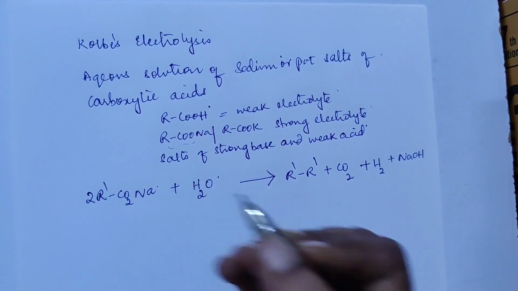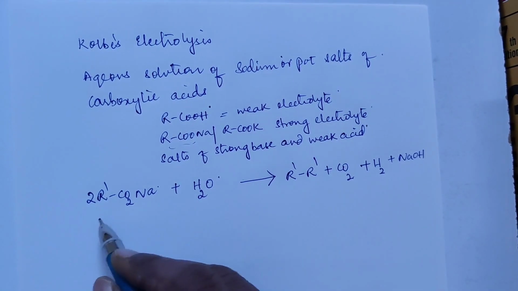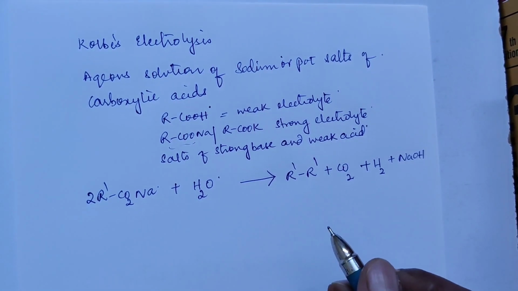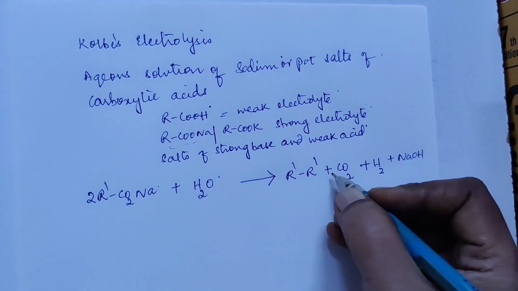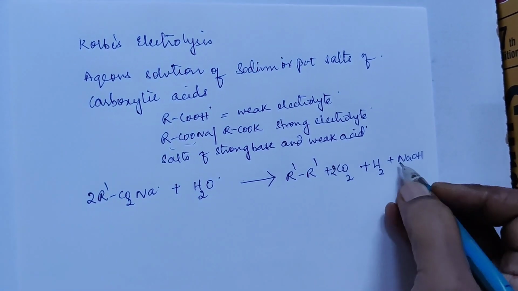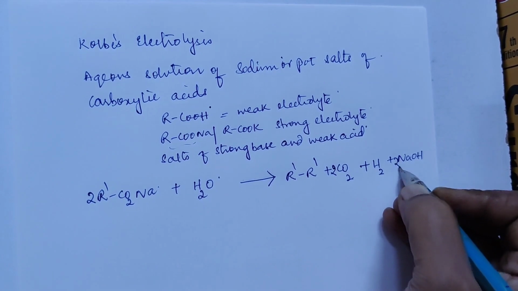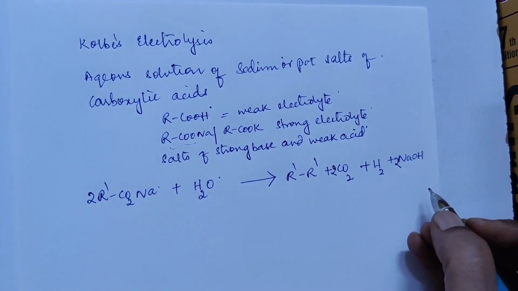Here I am taking 2 moles of the sodium salts of carboxylic acid, and we are going to get 2 moles of carbon dioxide and 2 moles of sodium hydroxide.